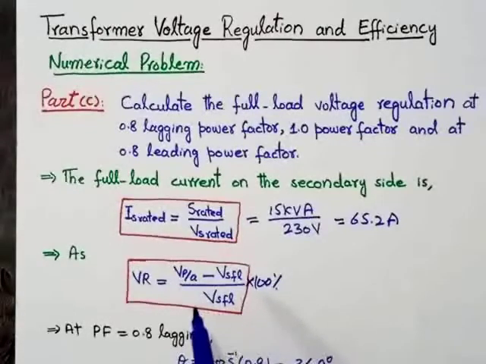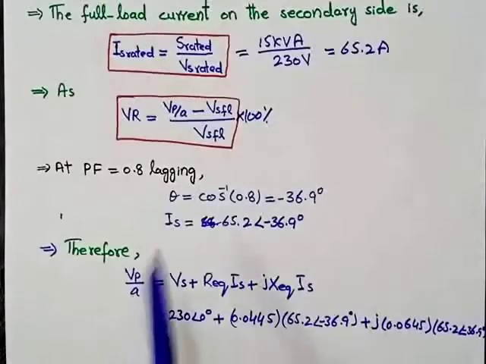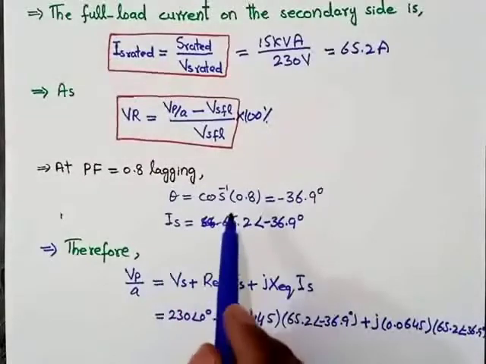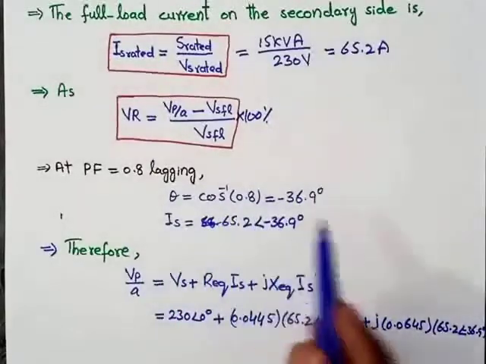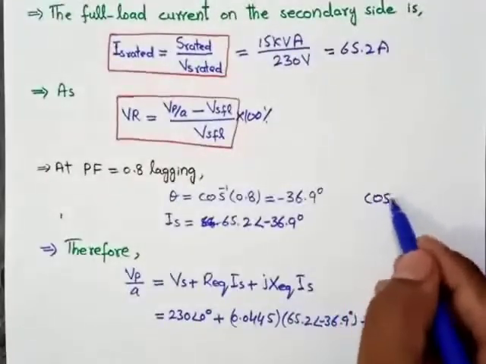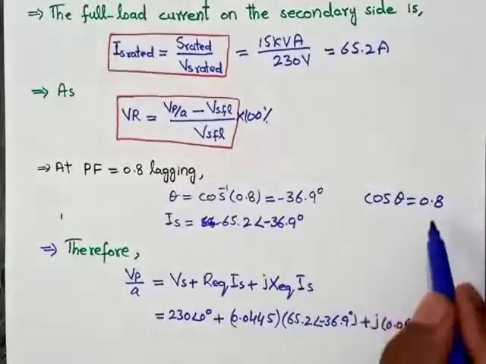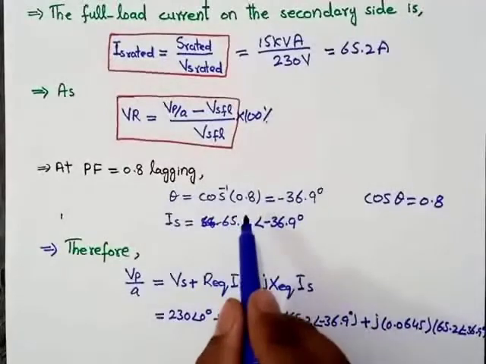First of all, we will find the voltage regulation at 0.8 lagging power factor. As we know, in the case of lagging power factor, cos theta is equal to 0.8 lagging, so theta will be equal to cos inverse 0.8.